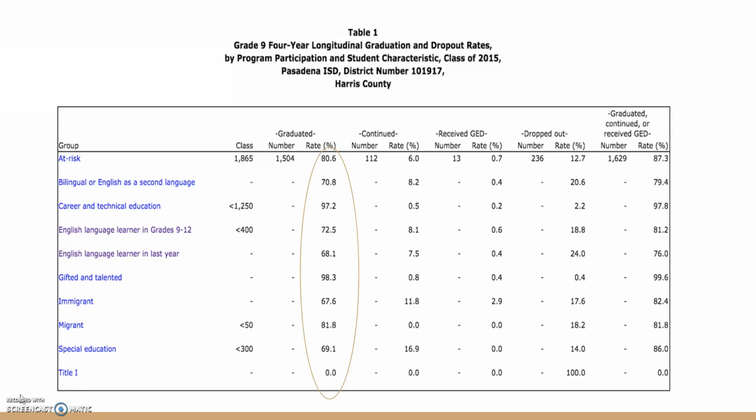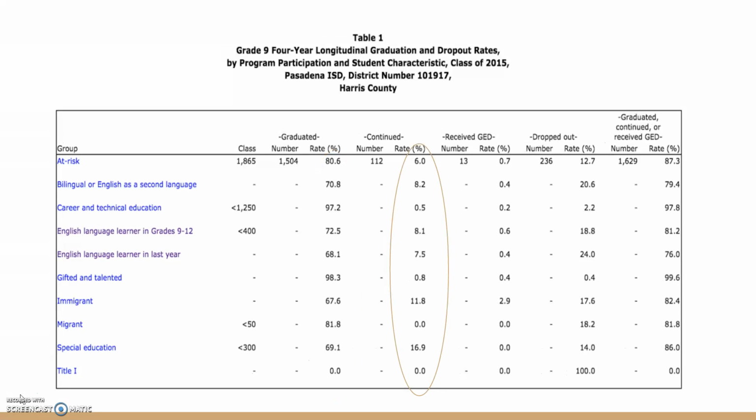Whereas you see special education, for example, is at 69, at risk is at 80.6. So our special populations are still struggling to carry on in Pasadena ISD. And then the continuation rates are also an important part of this and where I want to focus my analysis. So English language learners, their continuation rate is 8.1%, which is quite a bit more than the statewide average.